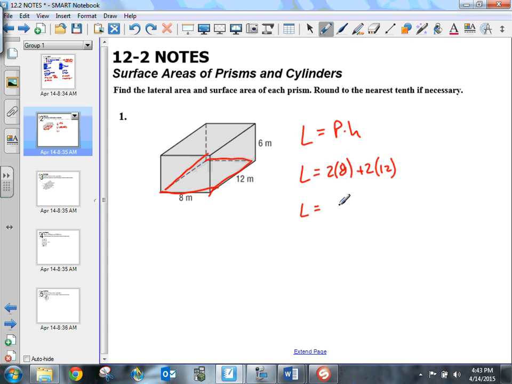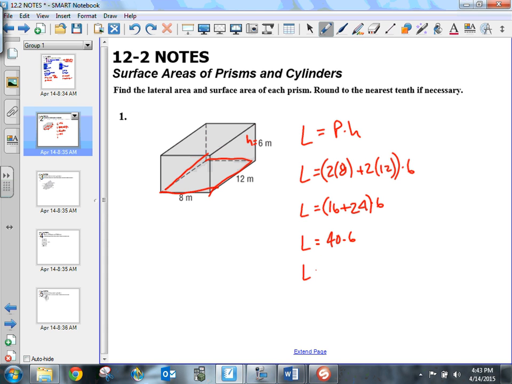So I get 16 plus 24. I'm going to take that perimeter and multiply by the height. My height is this value 6 here. So 16 plus 24 times 6. Then my lateral area is equal to 40 times 6.